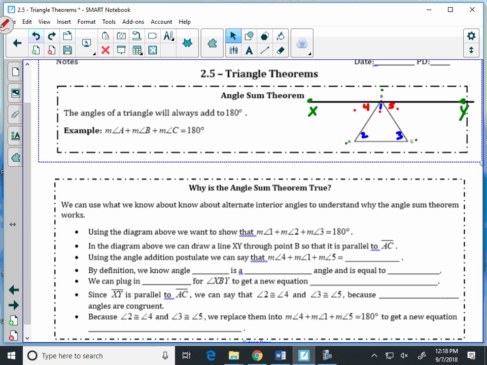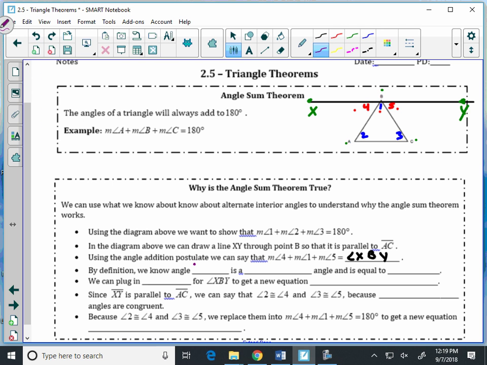So they make angle X, B, Y. What type of angle is angle X, B, Y? That's a straight angle, right? So we know angle XBY is a straight angle.